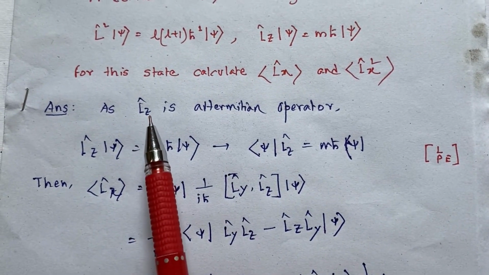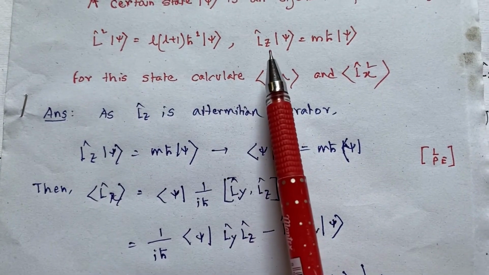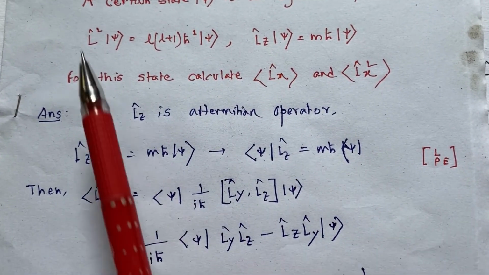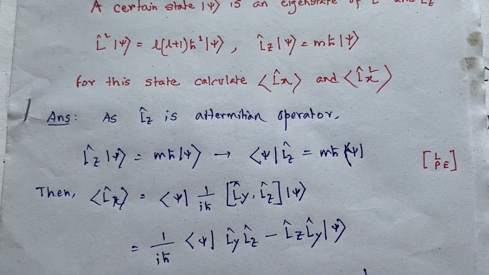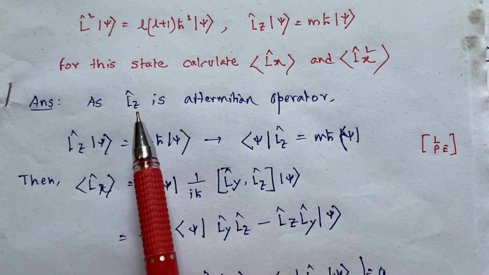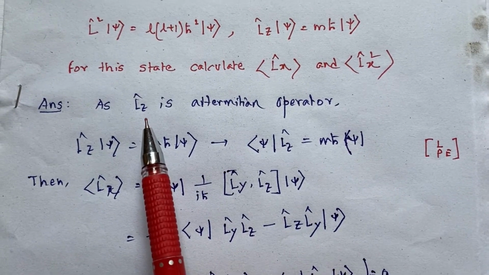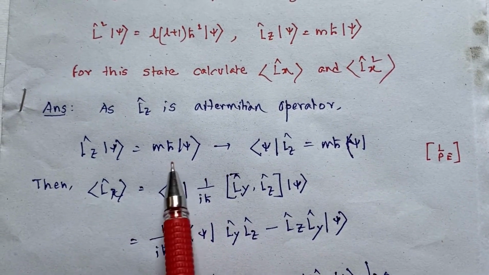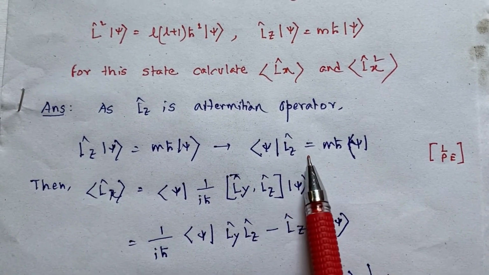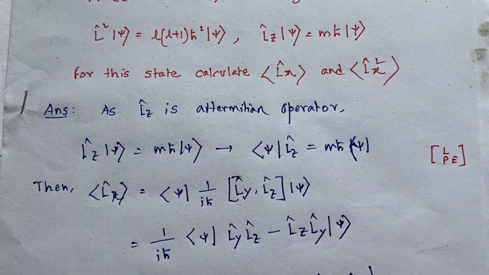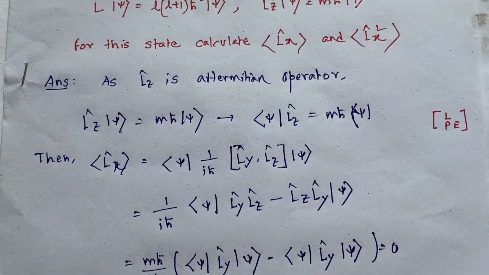Now we know that Lx, Ly, Lz, L square correspond to real physical variables, so they are Hermitian operators. So Lz is also a Hermitian operator, and that satisfies these relations. And if Lz is a Hermitian operator, we can write this without any objection.